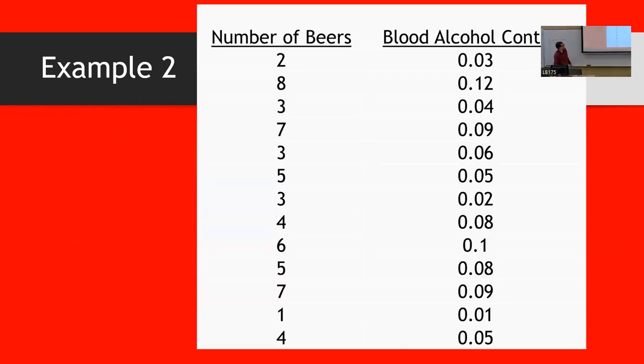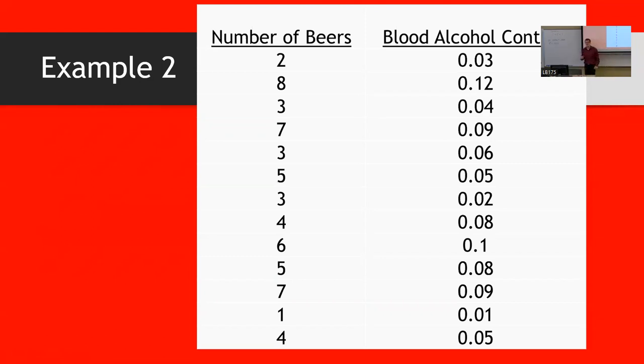The reason for the X value being associated with the number of beers is because that was my first column. And my second column was the blood alcohol level or blood alcohol content. So that was what Excel automatically calls the Y. It automatically calls the first column the X's and the second column the Y's.